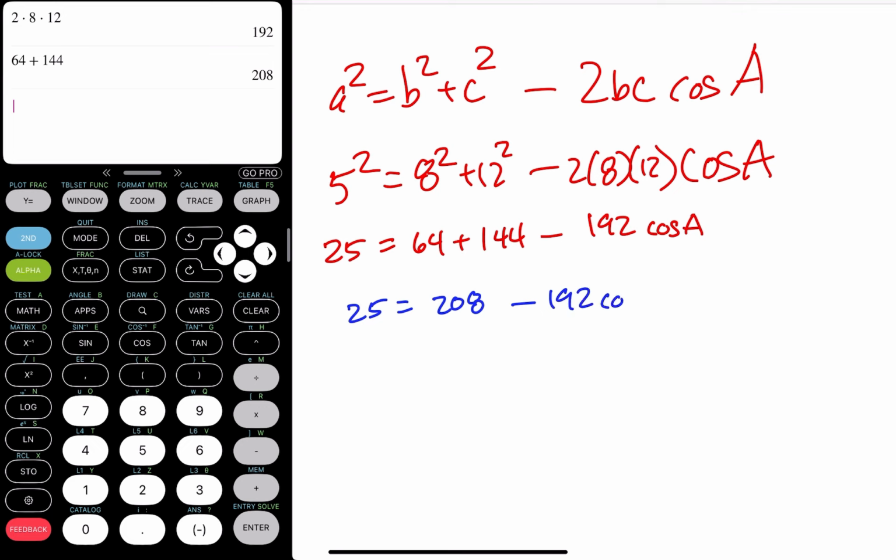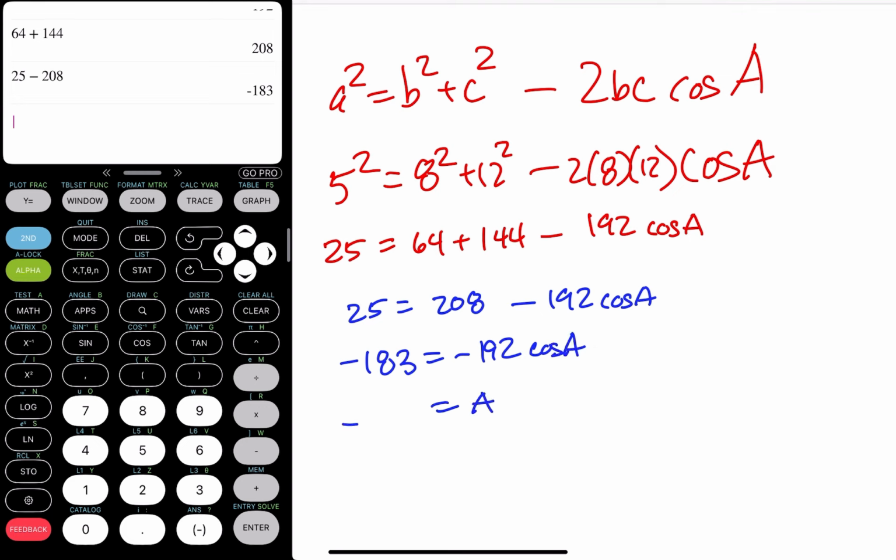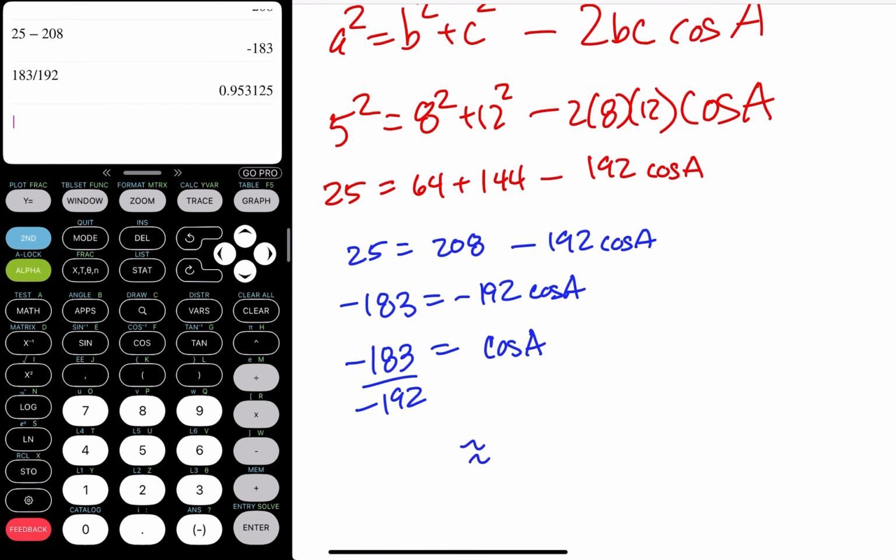Then you subtract, and 25 minus 208 gives you negative 183, which is equal to negative 192 cosine of A. So the cosine of A is equal to 183 divided by negative 192. 183 divided by 192 is, thank goodness, less than 1. So the cosine of A is approximately equal to 0.953.